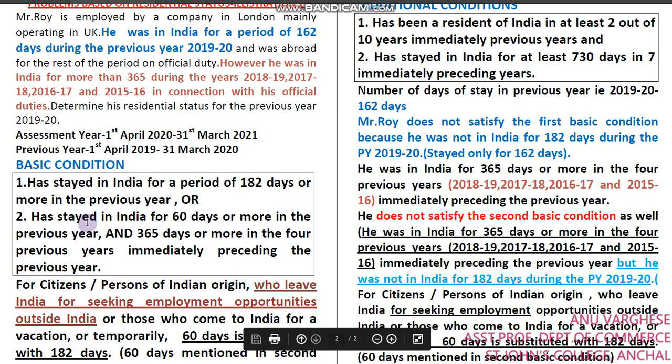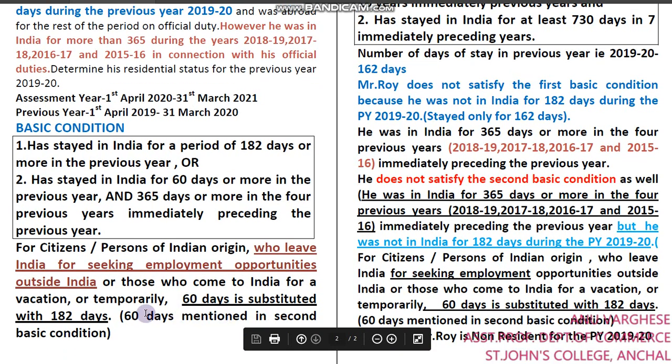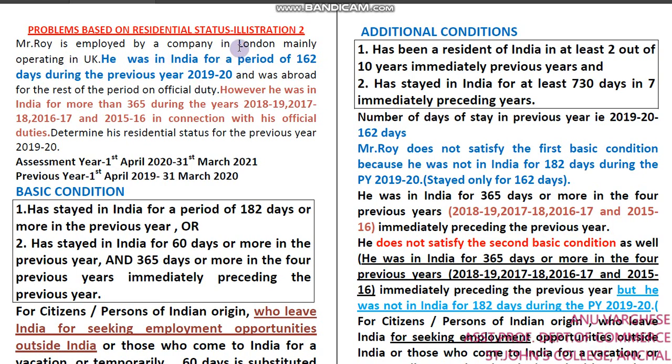So there is an exception to the second basic condition, that is, for citizens or persons of Indian origin who leave India for seeking employment opportunities outside India, or those who come to India for a vacation or temporarily, 60 days is substituted with 182 days. So in the basic condition, here he should stay in India for at least 182 days and not 60 days, because Roy is not working in India, he is working abroad, that is in London.